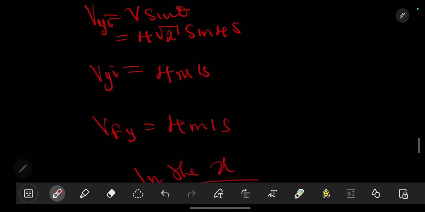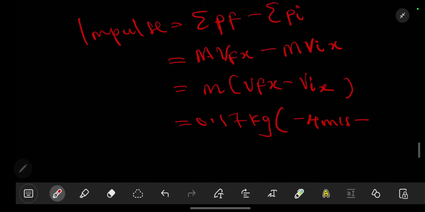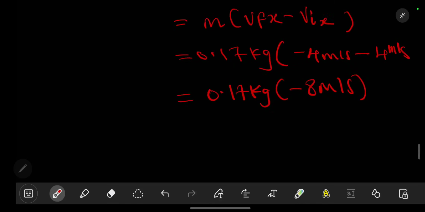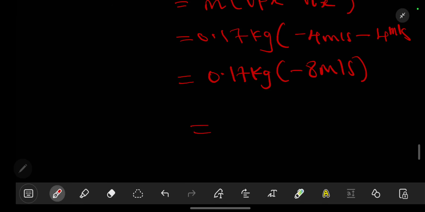So minus the 4, it will be equal to 0.17 kg times -8 meters per second. This is going to give us -8 times 0.17, a value of -1.36. So this is the impulse in the x.